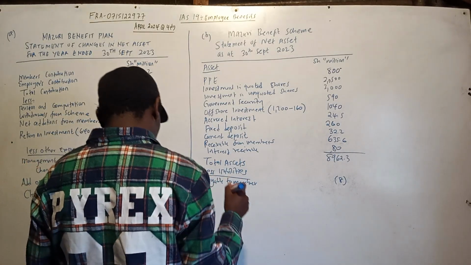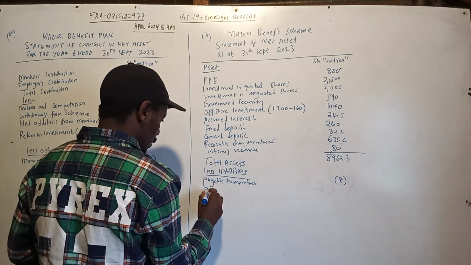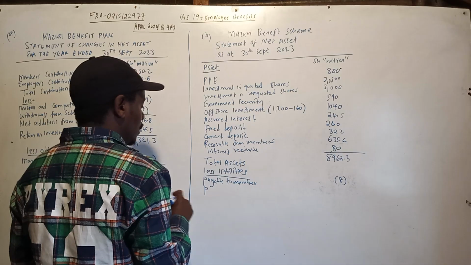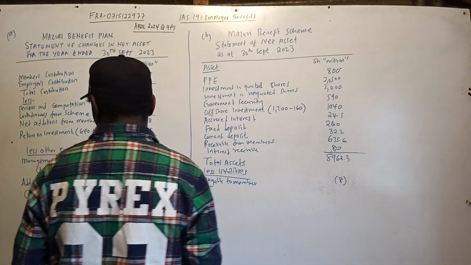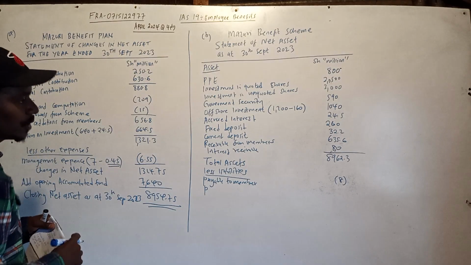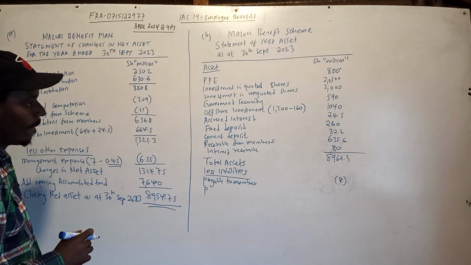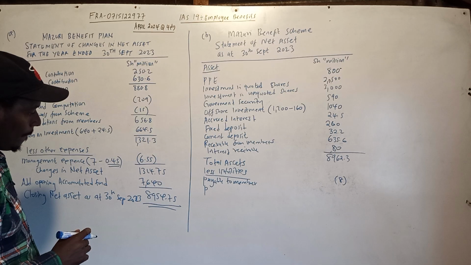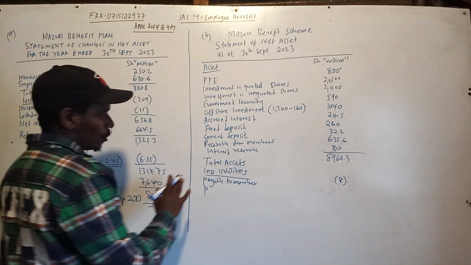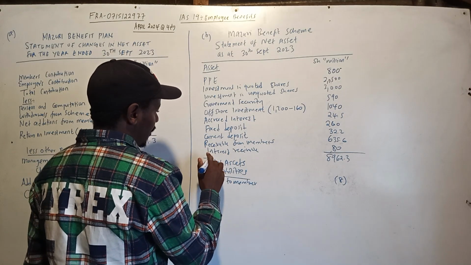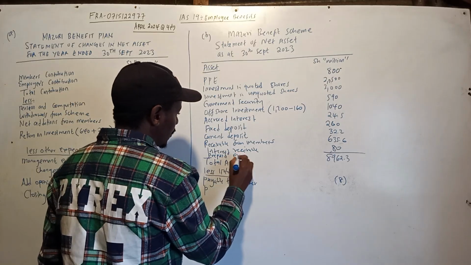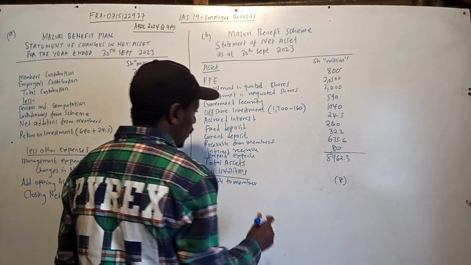Then you had prepaid expense. Actually, prepaid expense is an asset, it's supposed to be an asset. So we have made a mistake here. What we do, we need to add here prepaid expense of 0.45.